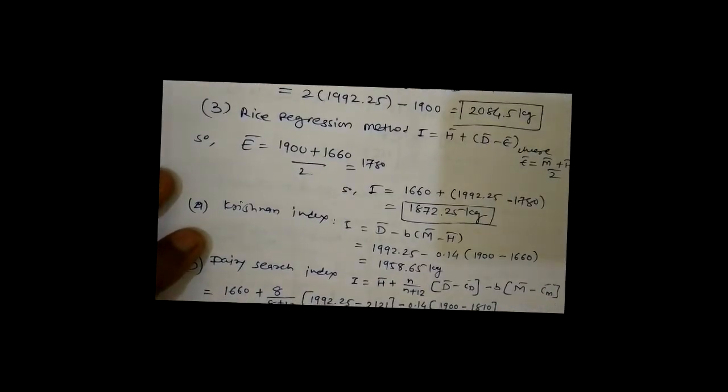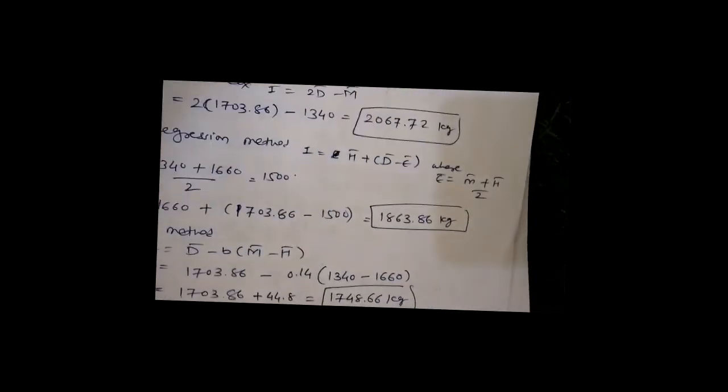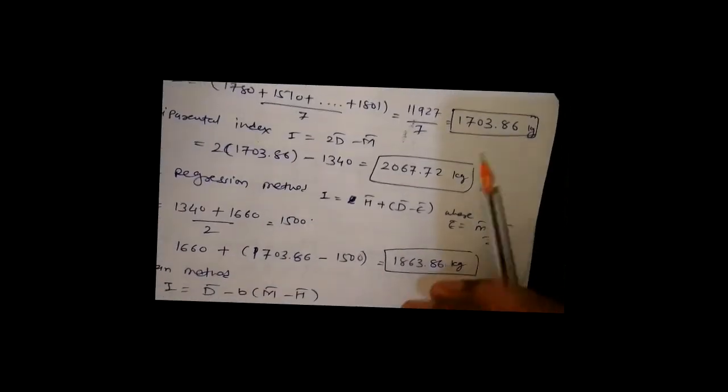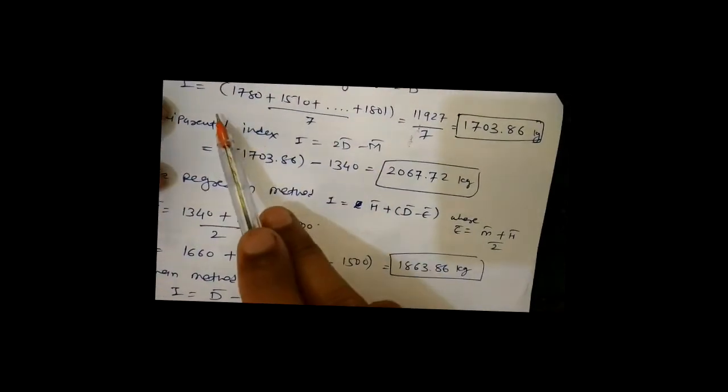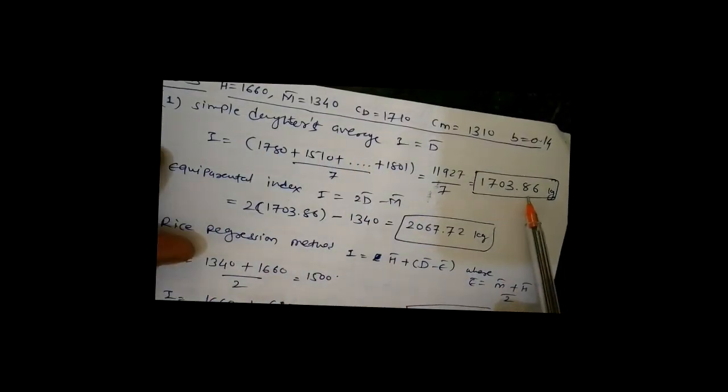If we solve, we will get 1595.93. So similarly for sire B, the simple daughter average index is 1703.86.